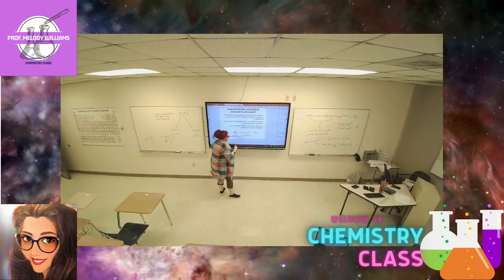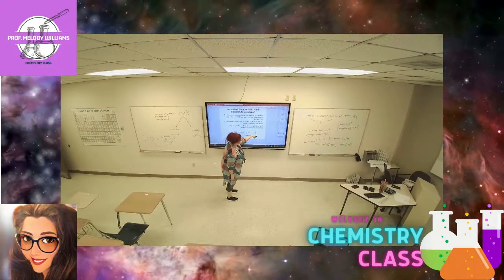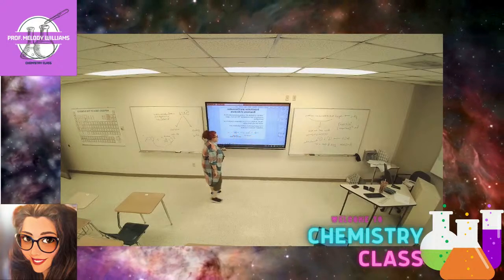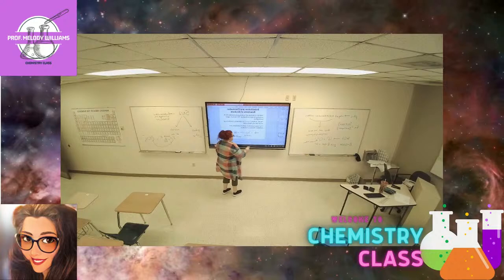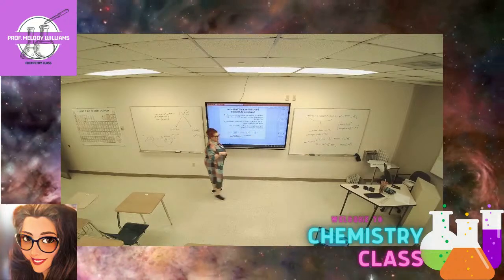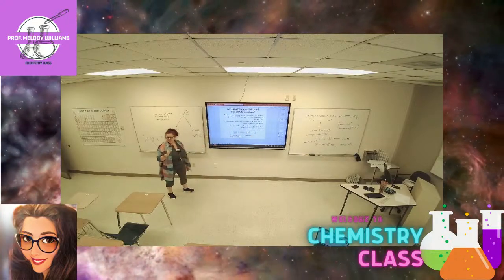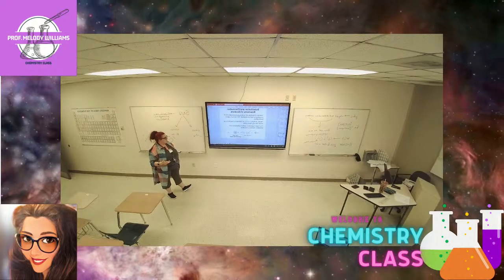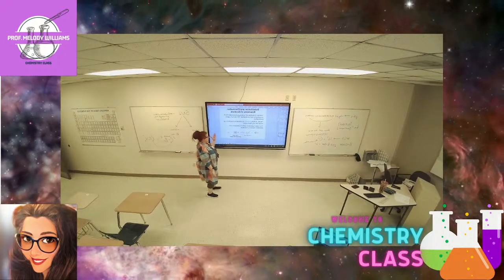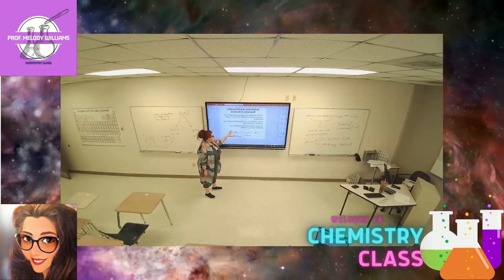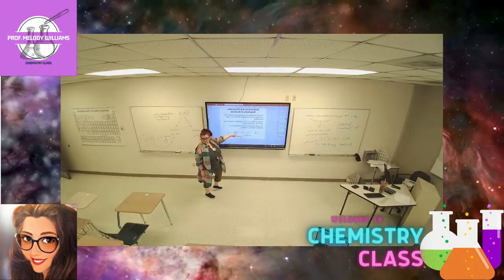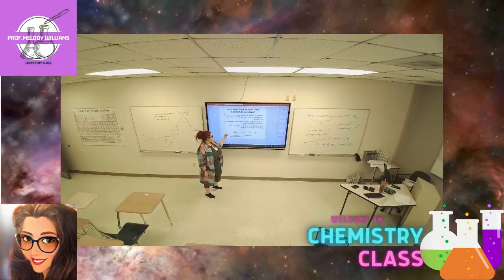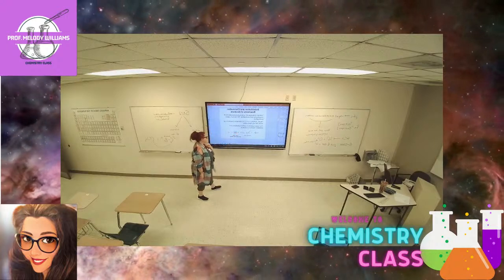So the only way I can make this OH group a good leaving group is to force another hydrogen on it through a strong acid. Now, once I do that, this whole group can leave this carbon chain.